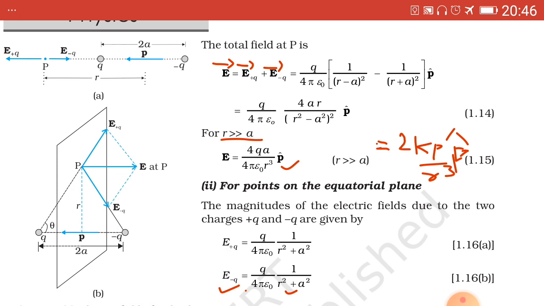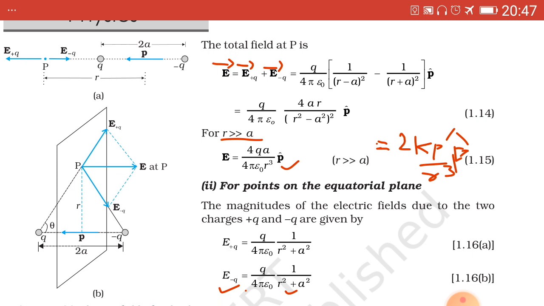The total field at point P is E equal to E plus Q plus E minus Q, which is equal to q upon 4 pi epsilon 0 into square bracket 1 upon (r minus a) the whole square minus 1 upon (r plus a) the whole square into p hat, and then we get the simplified form as q upon 4 pi epsilon 0 into 4ar upon (r square minus a square) the whole square into p hat.